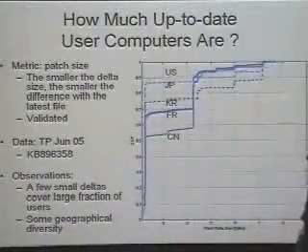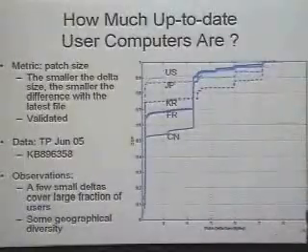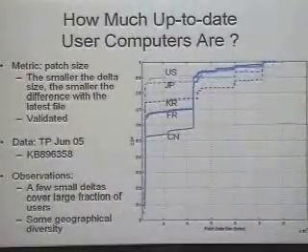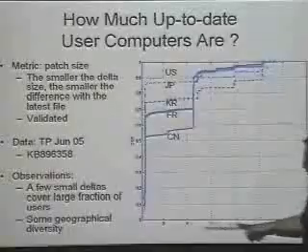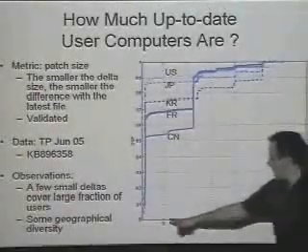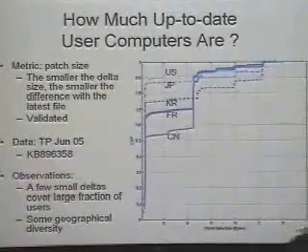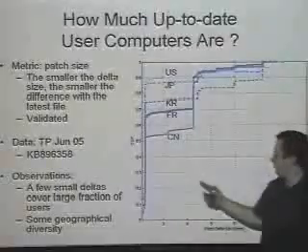And so we picked a particular knowledge base patch from TP Juno 5, a particular delta, and what we plot here is the delta size from smaller to larger, and the fraction of users having this given size of the delta. This is just a cumulative distribution function.